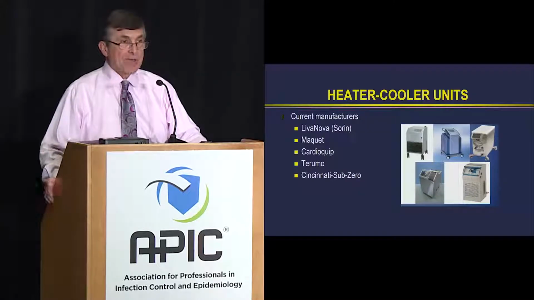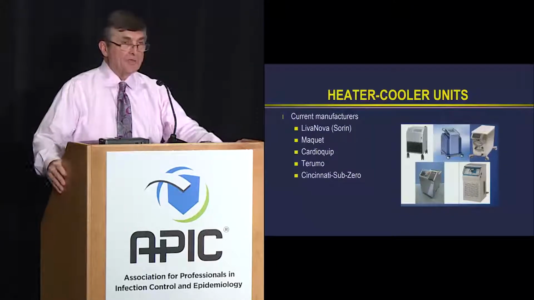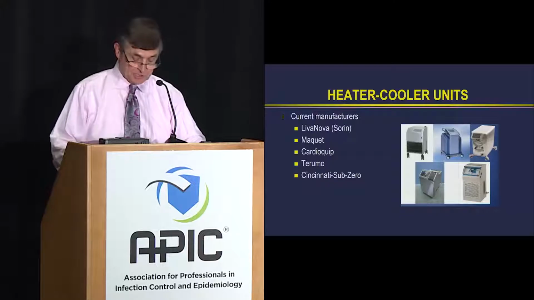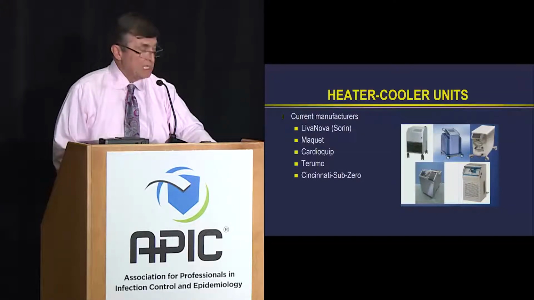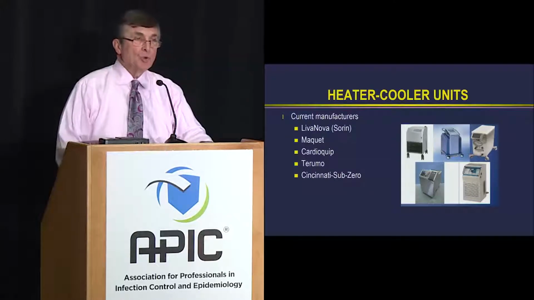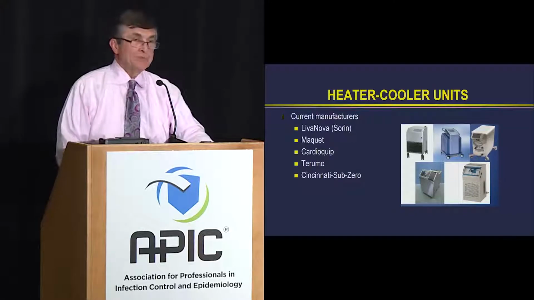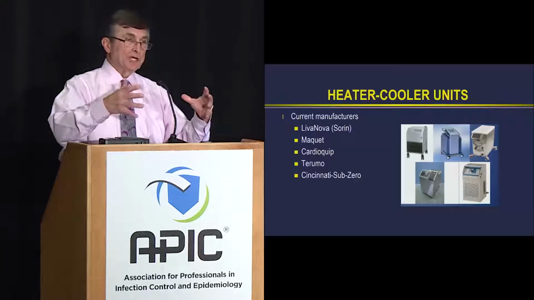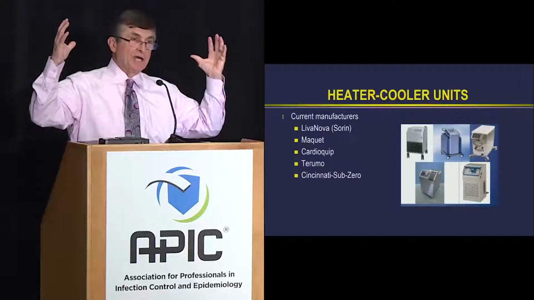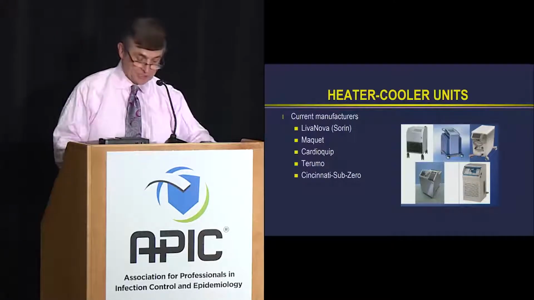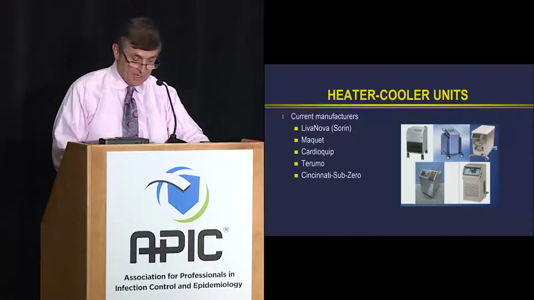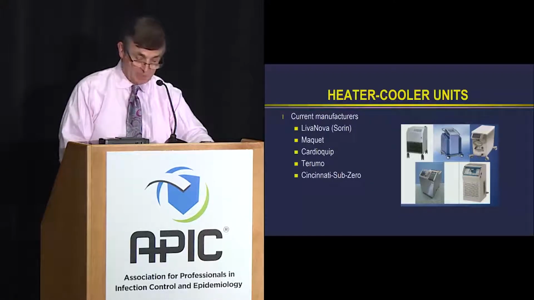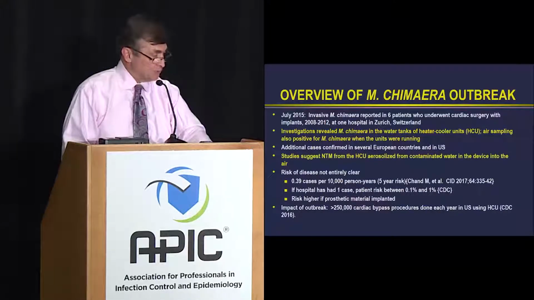Hospitals that do cardiothoracic surgery have been affected because a very commonly used heater-cooler unit, the Sorin, has been identified as a point source of Mycobacteria, which has resulted in aerosolization of the organism and a settling on the wound of patients undergoing cardiothoracic surgery.